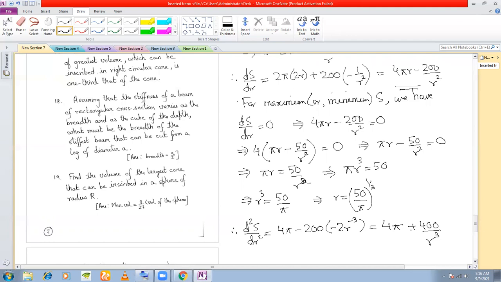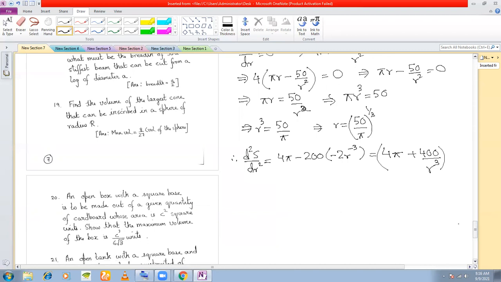This is the second derivative. Okay. Now we want to check at that value the sign of this derivative. At what value?